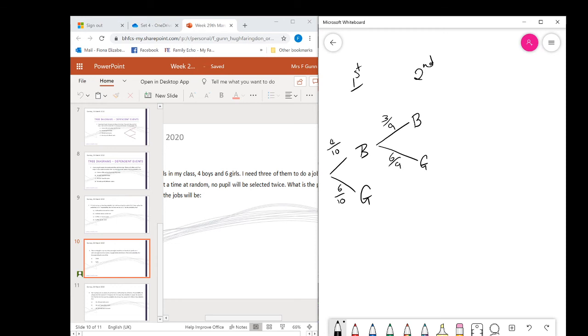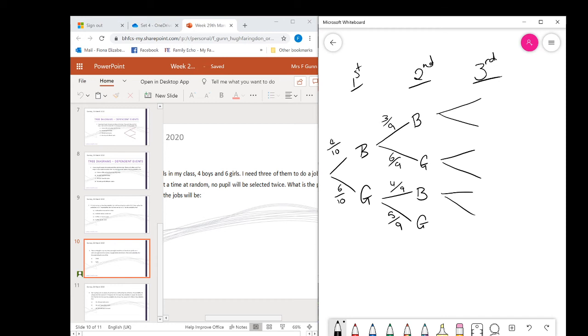If, rewind time, I didn't pick a boy first time, I picked a girl first time. There are still 4 boys in the room, but only 9 students. And there's only 5 girls out of the 9 students. Okay, so that's my second pick. My third pick, you can see where this is going.